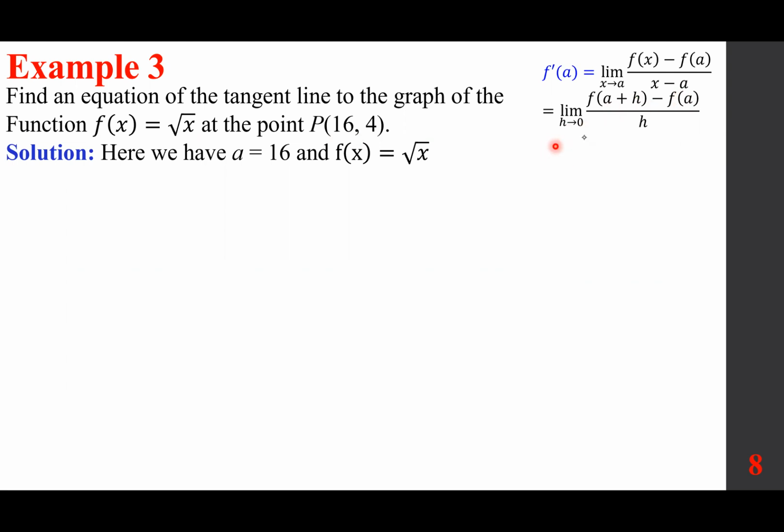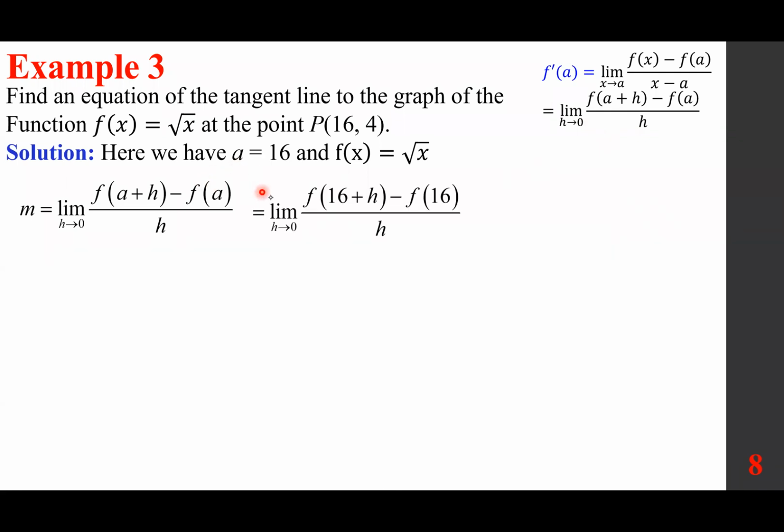All right, so having said that, let's evaluate the differentiation formula for the slope. So we can find the slope of a tangent line as follows, where a is 16. So we are using this formula, replace the a with 16. Now, you replace the x with 16 plus h, and then with 16. Now, for the second part, class, the first part is very obvious. For the second part, you have two choices.